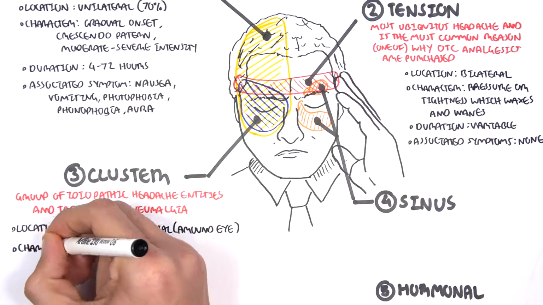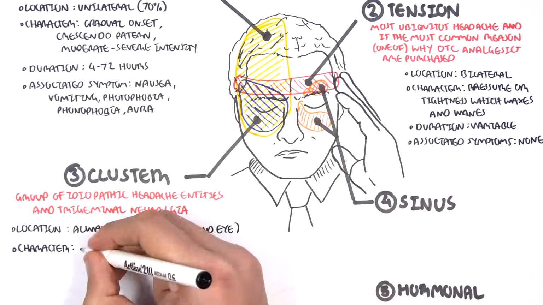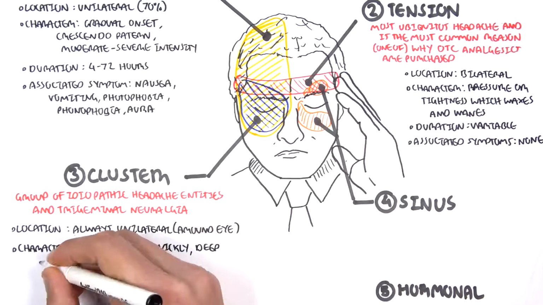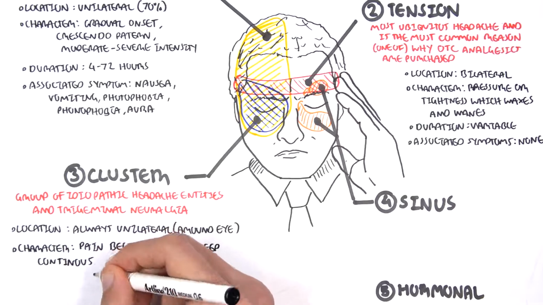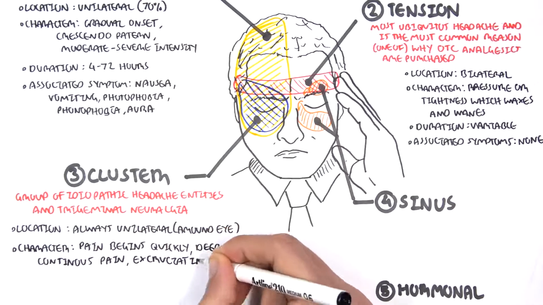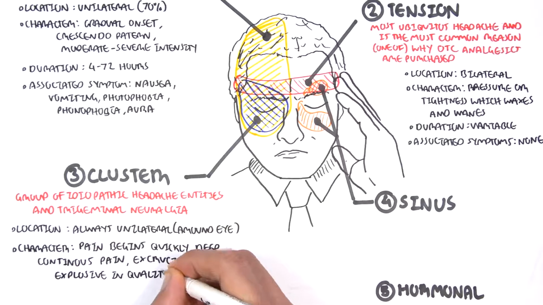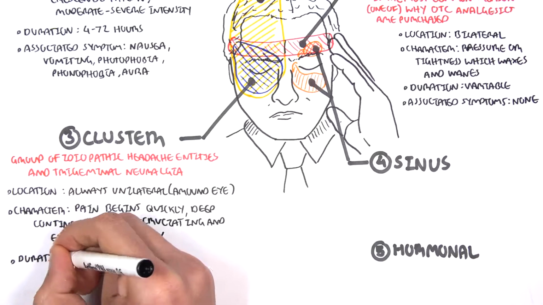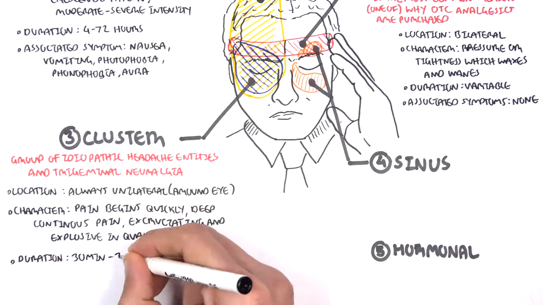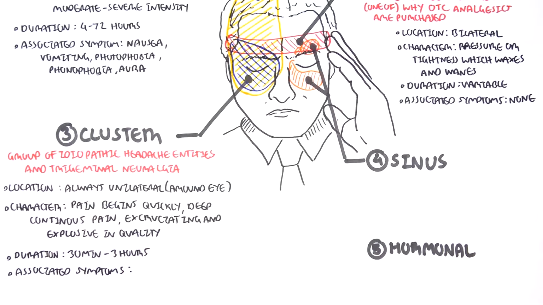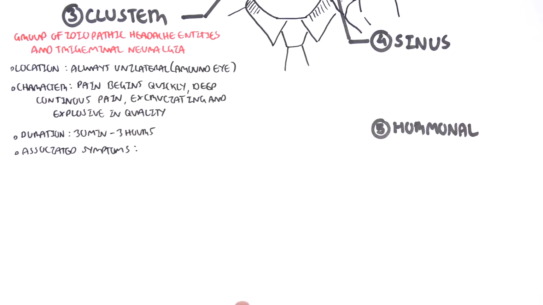So it's one-sided around the eye. The characteristic of a cluster headache: the pain begins quickly. It's deep, continuous pain, excruciating, and explosive in quality. The duration is pretty quick in respect to the other headaches we talked about, 30 minutes to 3 hours. And the associated symptoms are essentially the symptoms of the trigeminal nerve problem, as well as some other nerve problems.